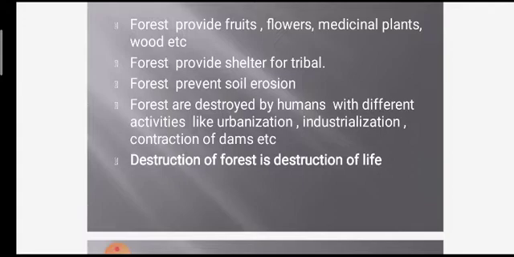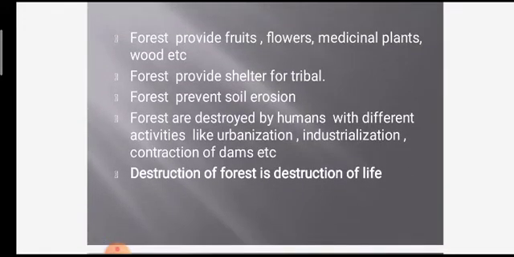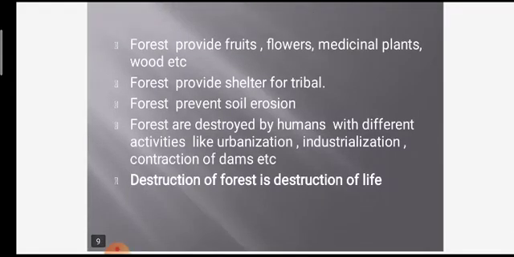Forests are destroyed by humans with different activities. Why are we destroying the forest nowadays? Activities such as urbanization. Urbanization means we are cutting down the trees and building new houses, factories and all.